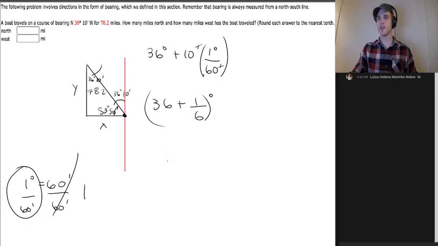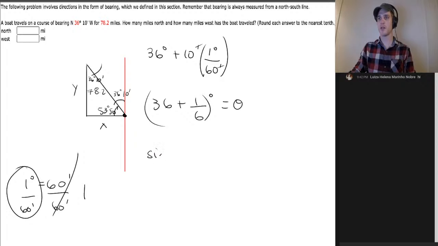So I know that the sine of this, or actually let's use tangent. So the tangent of that angle, let's call it theta, just to make this easier. The tangent of theta is equal to x over, no, we do want the sine. So this is theta, because I know the hypotenuse, that's the side that I know.